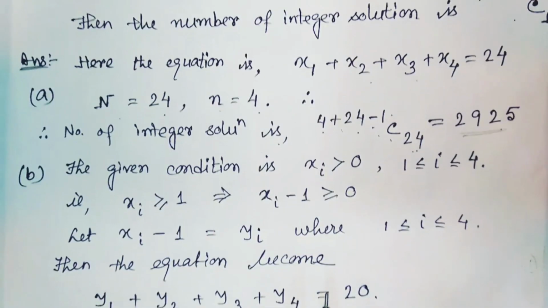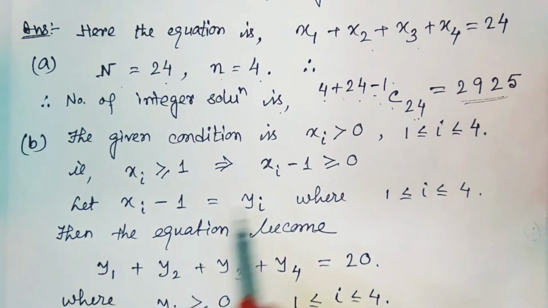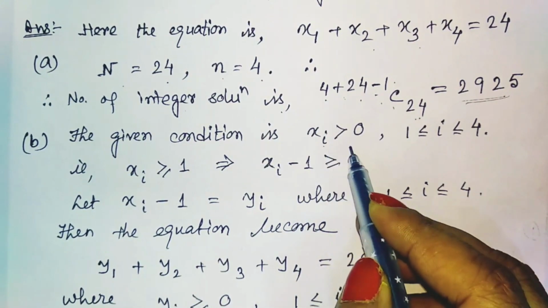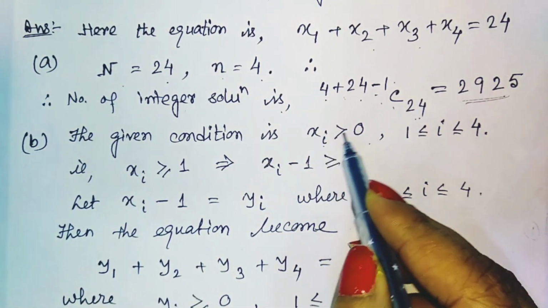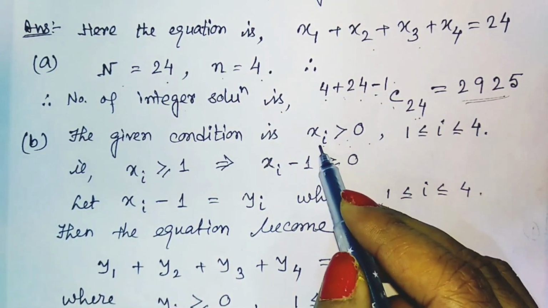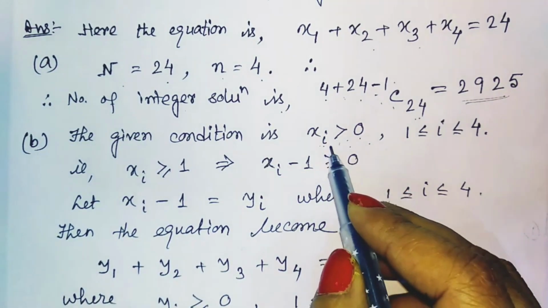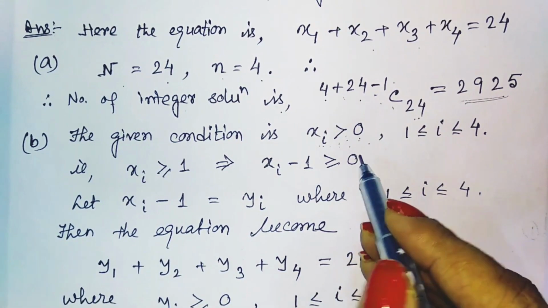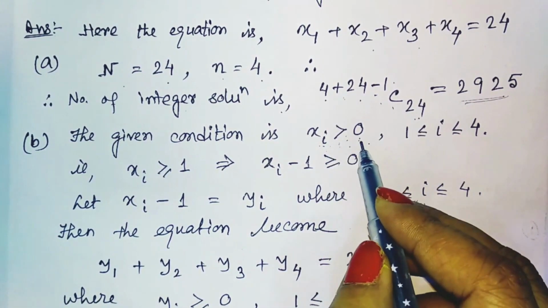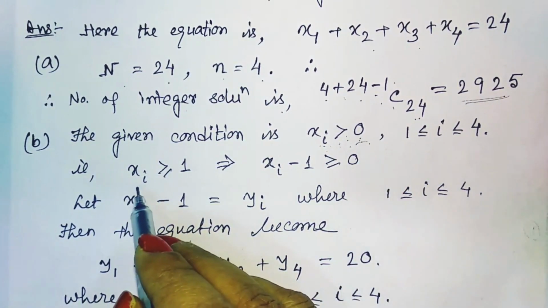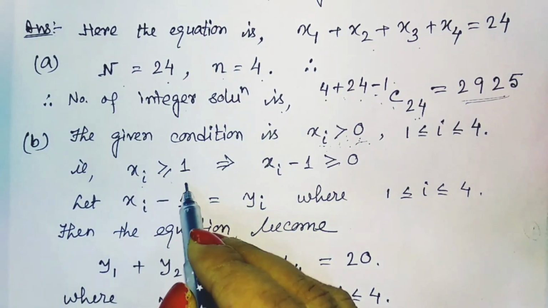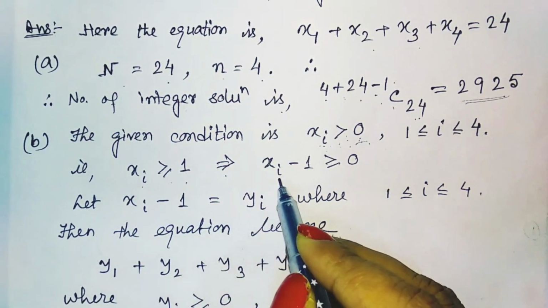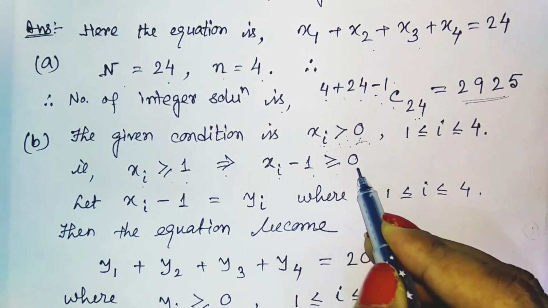Now the next situation. In the next situation, the condition given is xi greater than 0. If xi were greater than or equal to 0, we would do it the previous way. But as it is xi greater than 0, that implies xi should be greater than or equal to 1, which implies xi minus 1 is greater than or equal to 0.